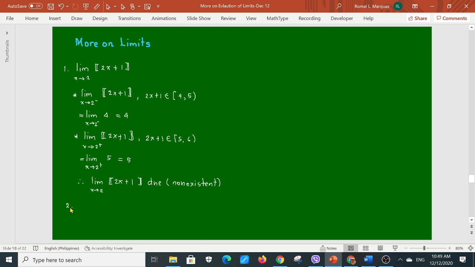Okay, number 2. What about if we have a limit that takes this form? So let's say I have the limit as x approaches 2 of this quotient.